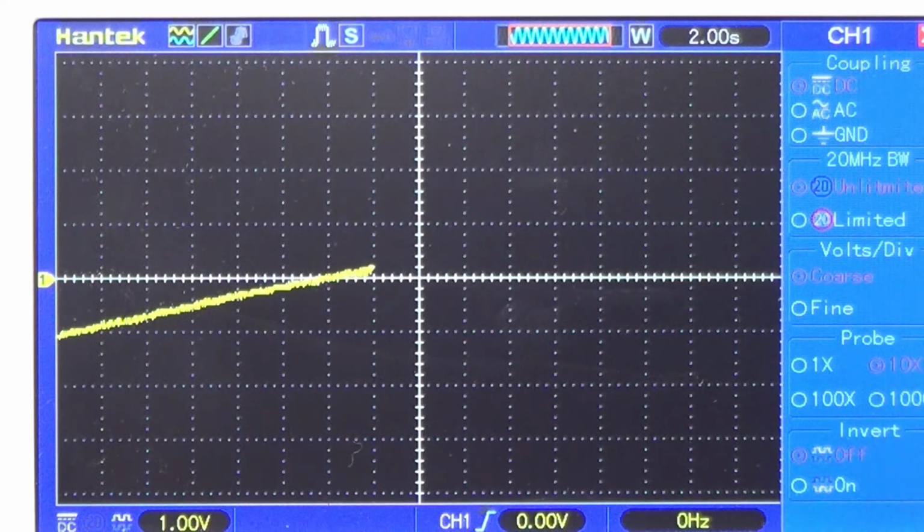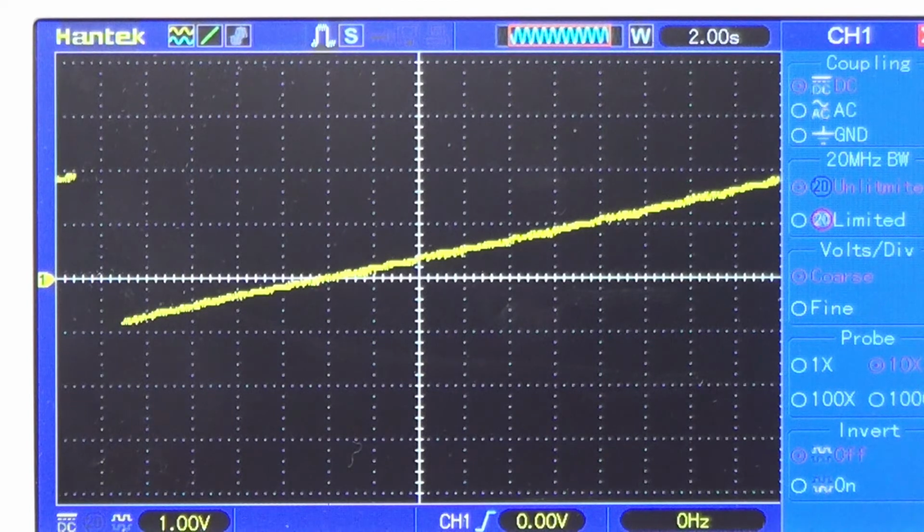But that's exactly what we were looking for, because this way we can control things in a nice way on the synthesizer, and we can create all the possible effects. Let's let it go up a little bit more. A little bit more. Now it should come down.